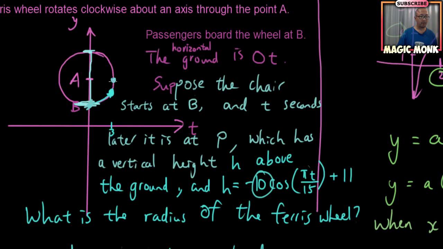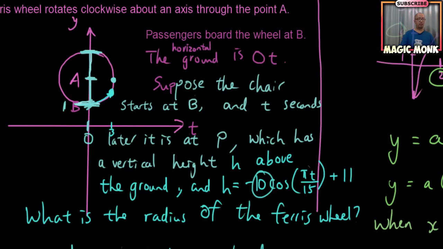So we need it so that when x is 0, y is 1 and 21.